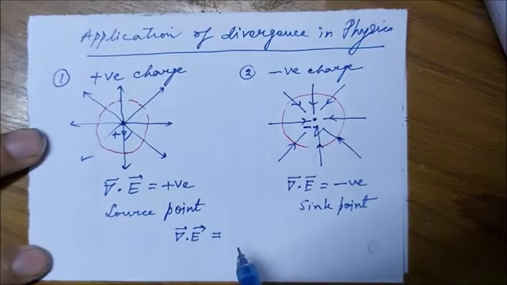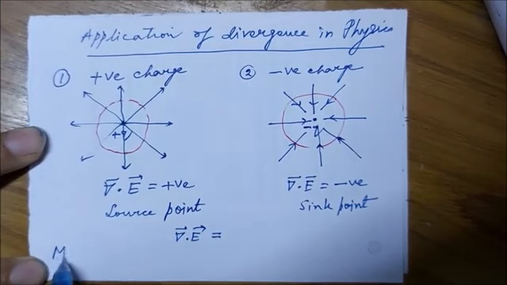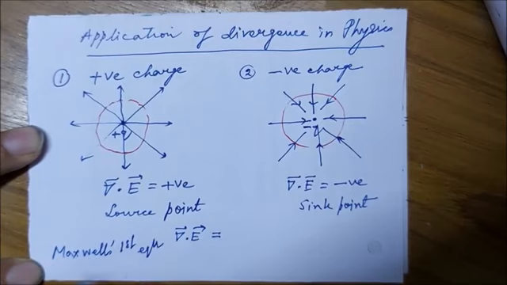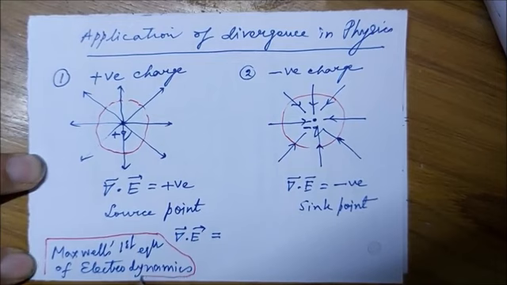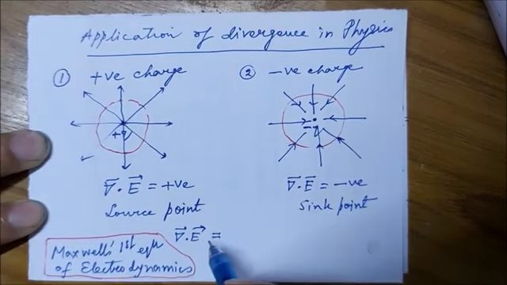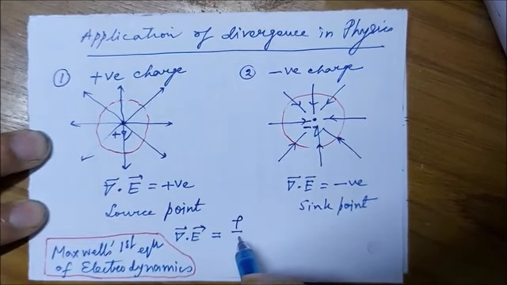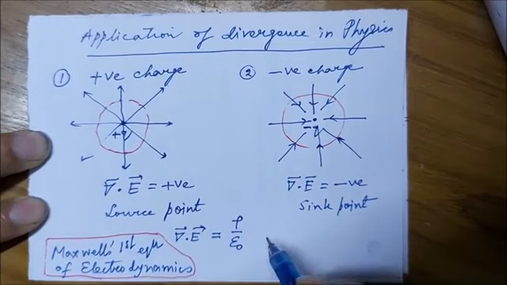The value of divergence E is given by Maxwell's first equation of electrodynamics, and it is equal to rho by epsilon 0, where rho is charge density.